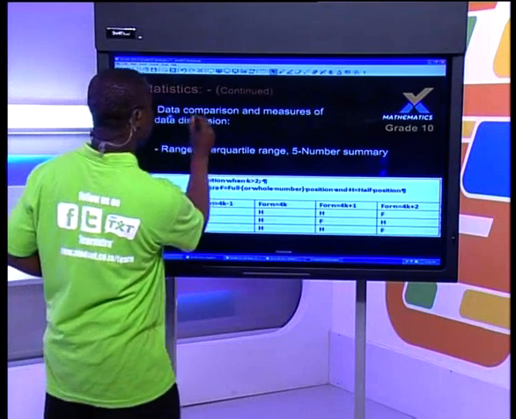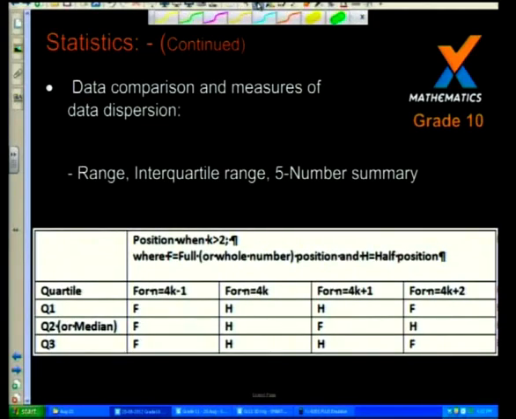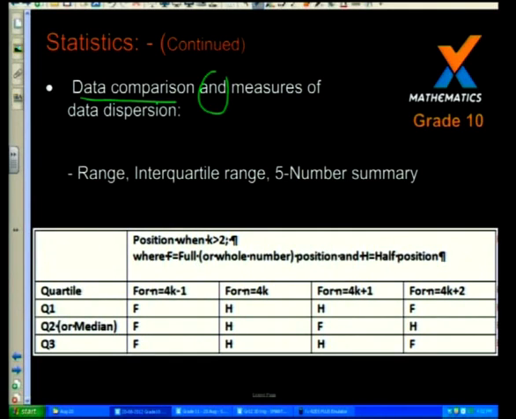I've got here a data comparison. Data comparison today is what we are doing, and measures of data dispersion. So we will be looking at the range of data, in other words, from the minimum value to the maximum value. And we will be looking at the interquartile range.